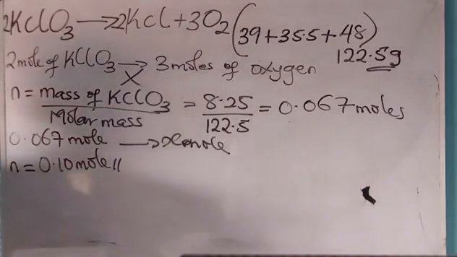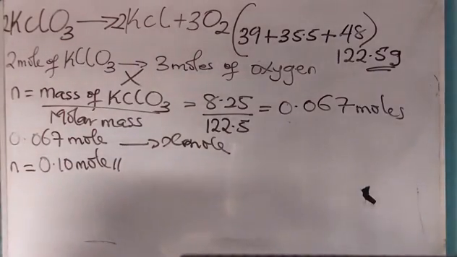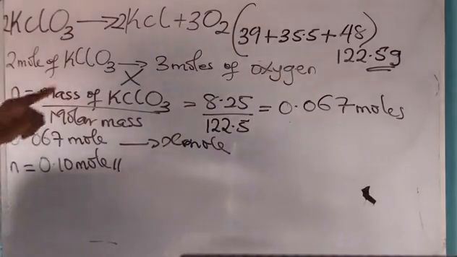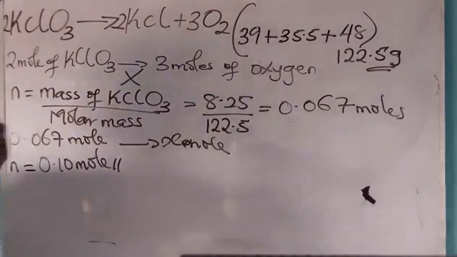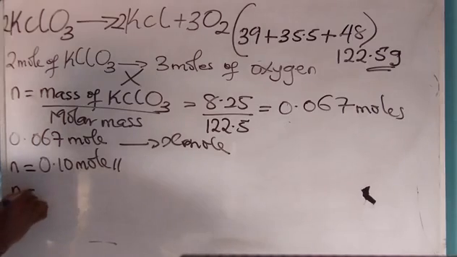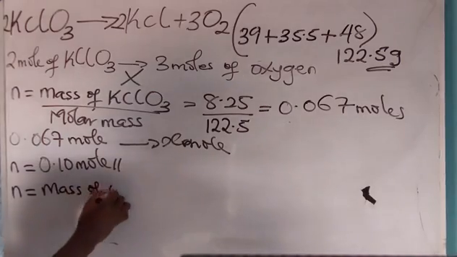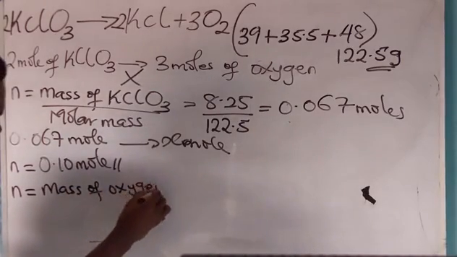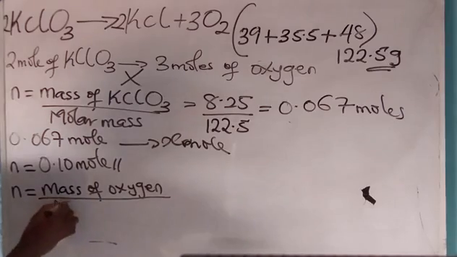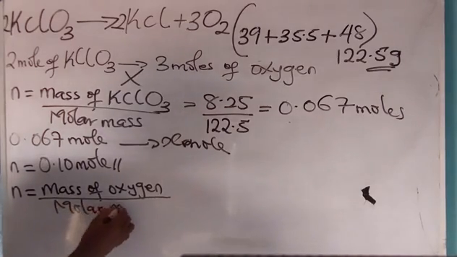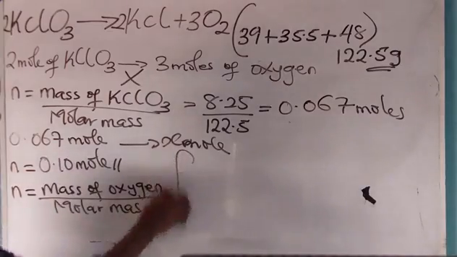Alright, but that is not the answer. It's not the answer at all. They said the gram of oxygen. It therefore means that number of mole equals mass of oxygen over molar mass. Is that not correct?